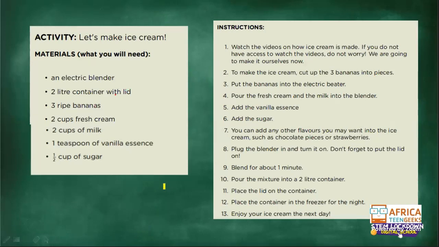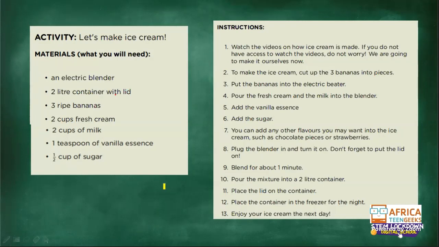Okay, let's look at the materials that you will need. You'll need an electric blender, a 2-liter container with a lid, 3 ripe bananas, 2 cups of fresh cream, 2 cups of milk, a teaspoon of vanilla essence, and half a cup of sugar.